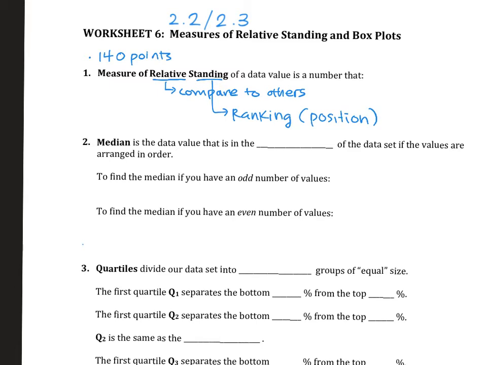One of the first things we're going to talk about is the median. The median is the data value that is in the middle of the data set if the values are arranged in order. We're usually going to do it in increasing order, that means from the smallest to the largest. So once we have our data set, we arrange the values in increasing order, smallest to the largest.